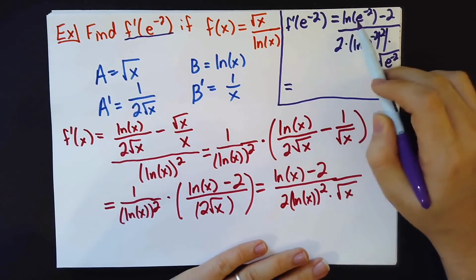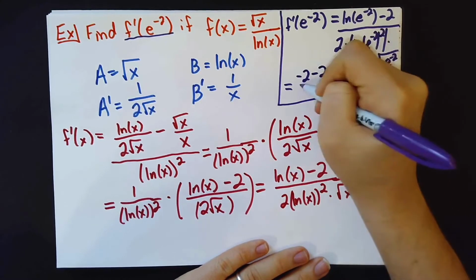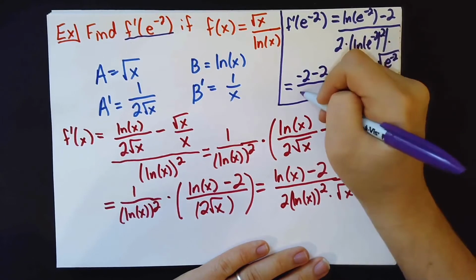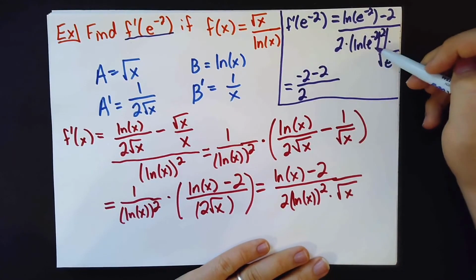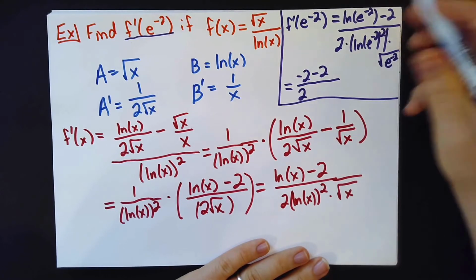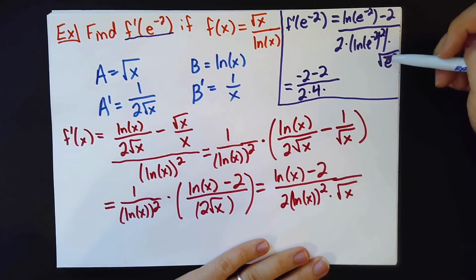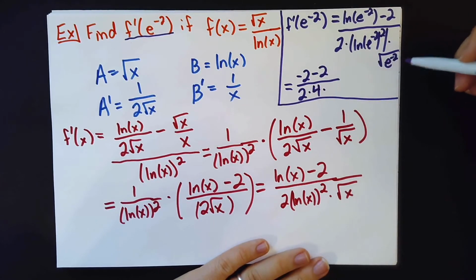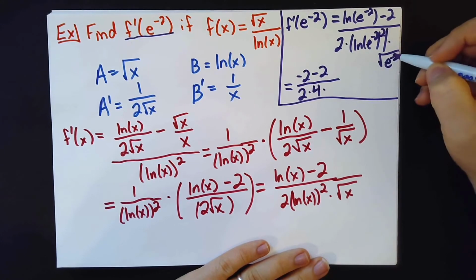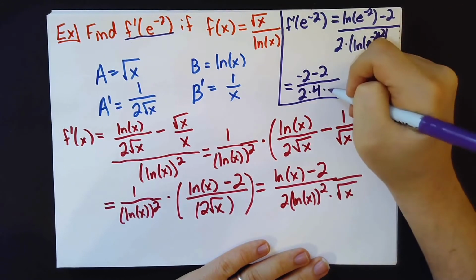The log of e to the minus 2 is just minus 2. So the numerator here is minus 2 minus 2. The log of e to the minus 2, well, it's still minus 2. And then when I square it, it's going to be plus 4. And the square root of e to the minus 2, well, remember, square root is the same as the 1/2 power. So this is e to the minus 2 to the 1/2 power, which will be e to the minus 1.